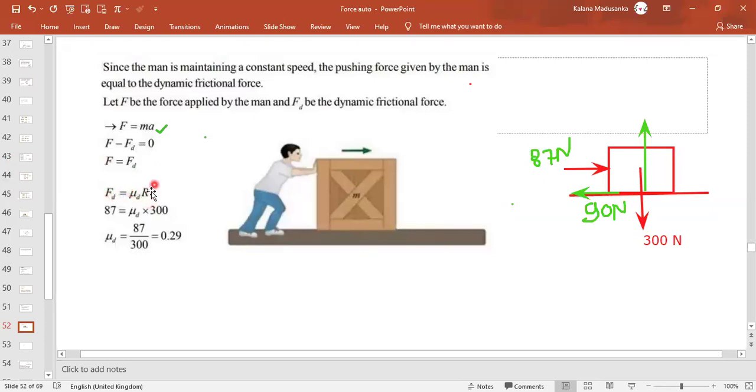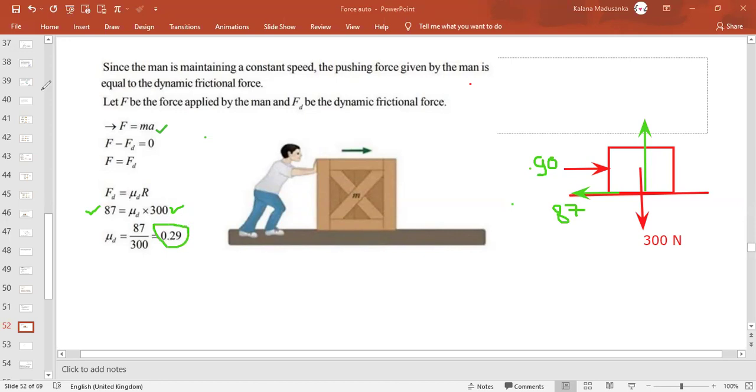You can say F is equal to mu k R. They're asking to find out the mu k coefficient. So this is the friction. Okay, sorry, my mistake. Here, this is not 87. The friction is actually 87, not the applied force. The applied force is still 90. This is 87. That is why it is moving, right? So friction is 87, R is 300, mu k value is 0.29.